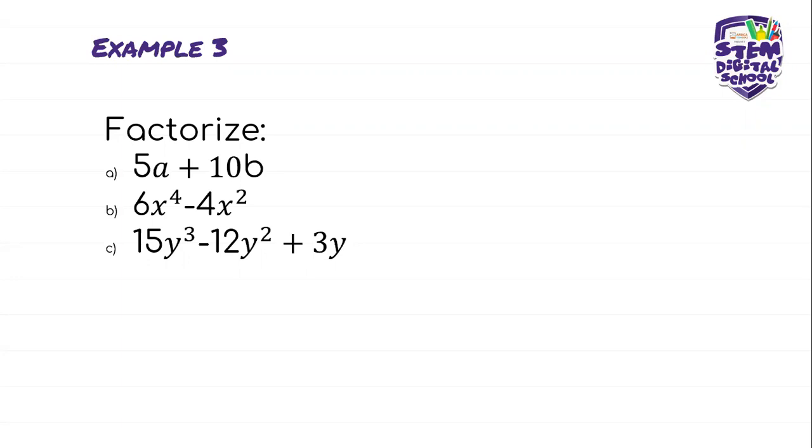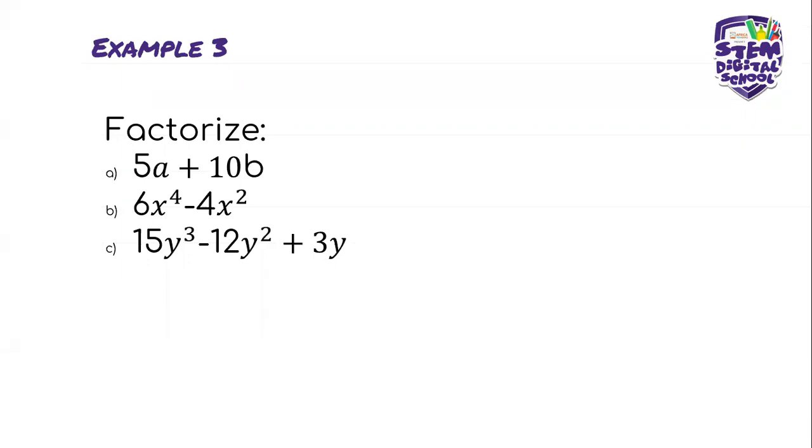5 and 10 have something in common in the sense that 5 can go into 5 without a remainder, but equally 5 can go into 10 without a remainder. So you can tell that the common factor there is 5.